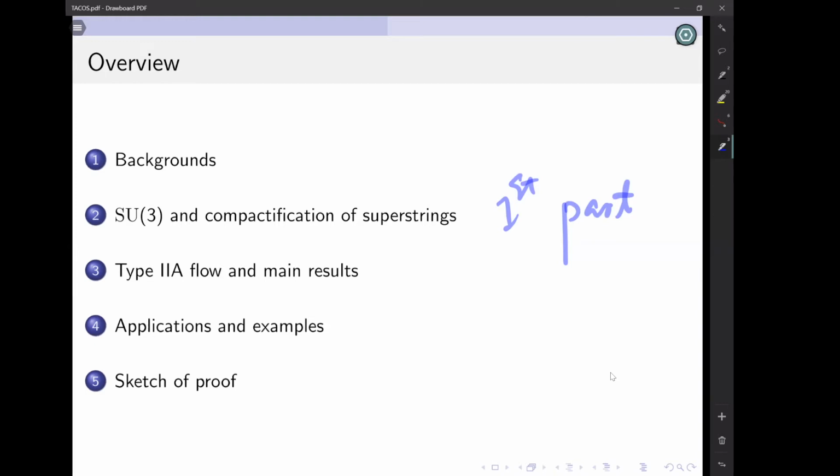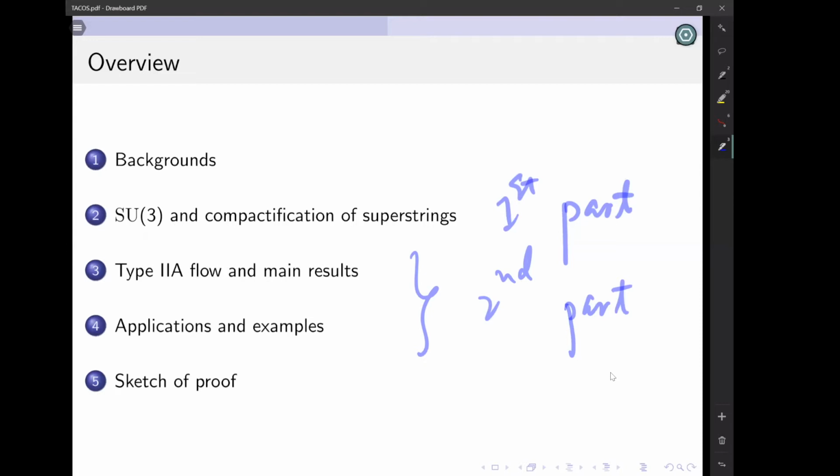And then I'll talk about some of my own joint work with Feng, Picard, and Xiangwen Zhang. So that's the second part. This is concerned with geometric flows to study the Type IIA string equations.